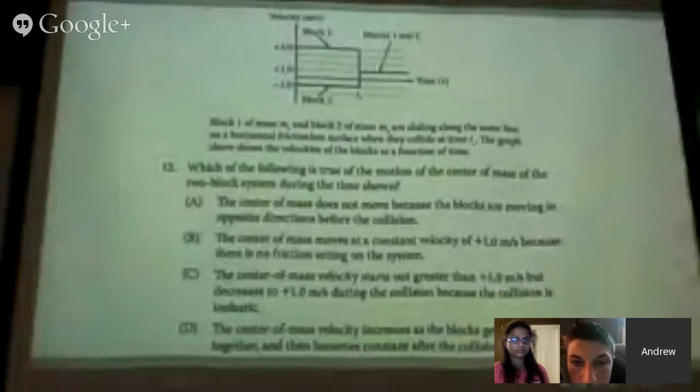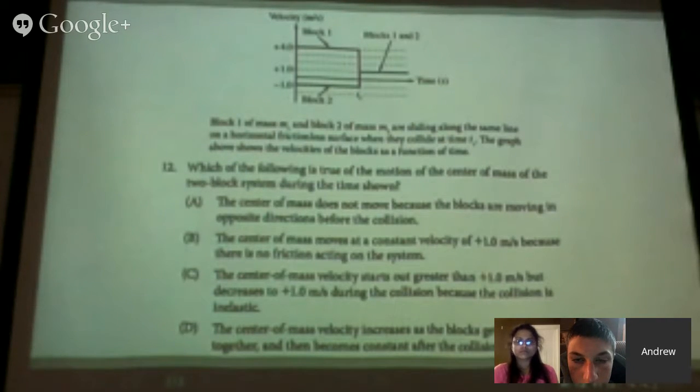Now here, we have something we can say about the center of mass at the end. For sure, these two masses are moving together at the end. So however they're moving, that's how their center is moving as well. At the end, for sure, we've got a center of mass movement of plus 1.0 meters per second.